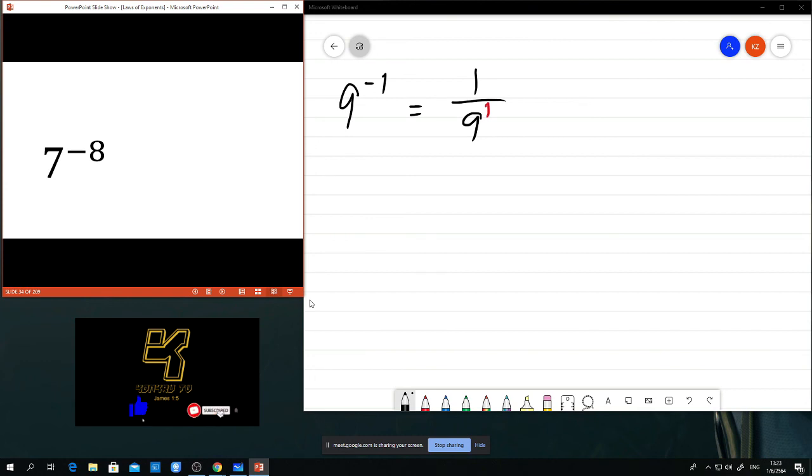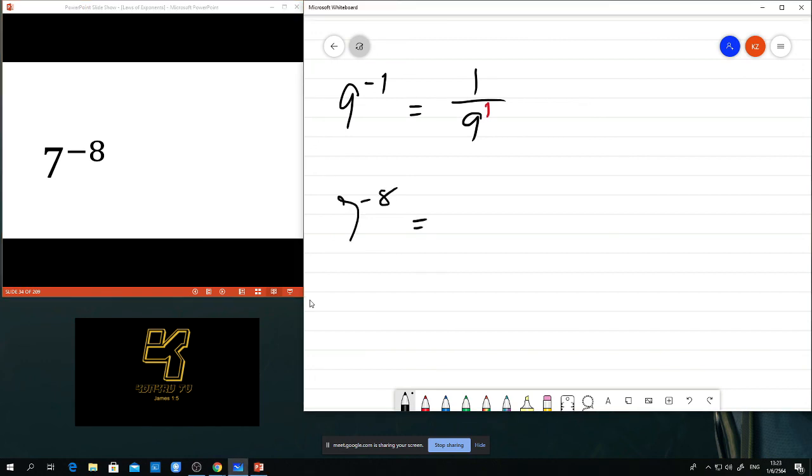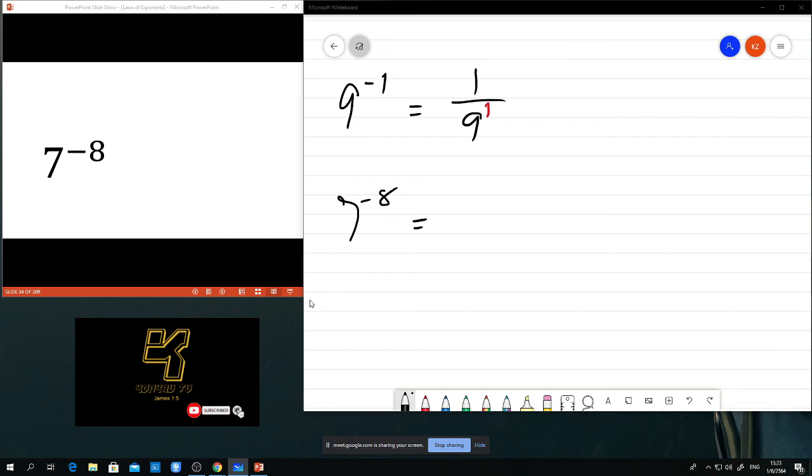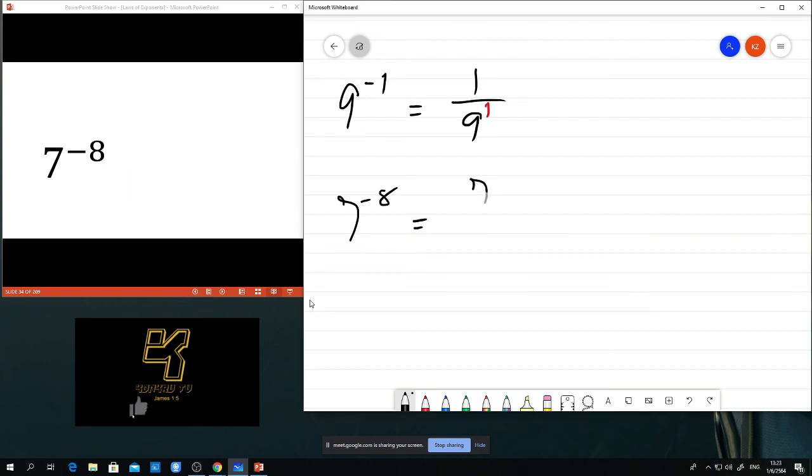Okay. 7 power of negative 8. Some students make a mistake with this one. They write 7 over 8, which is not correct.